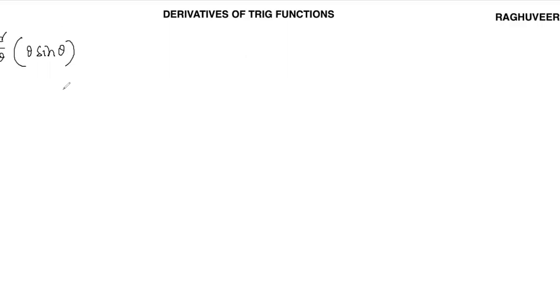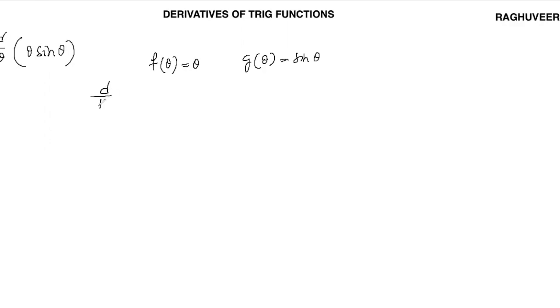So let us solve this problem. Let us consider f of theta as theta, and g of theta is equal to sine theta, right? So again, this is a product rule here.